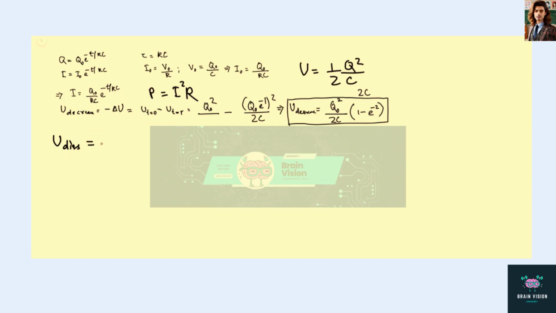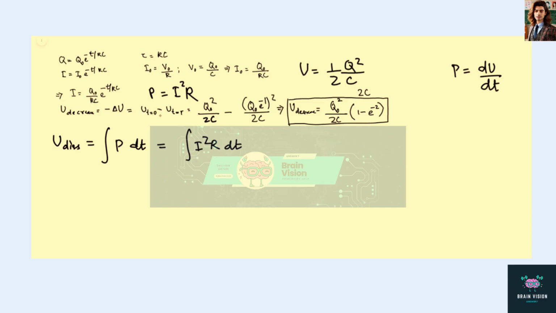So we know that power is the rate of change of energy, potential energy. So the dissipated energy, the total energy dissipated, will be the integral of power over time. Now let's use this expression of power over here. So we have I square R dt, and we are going from 0 to tau. I think 2C was missing, so I wrote that.